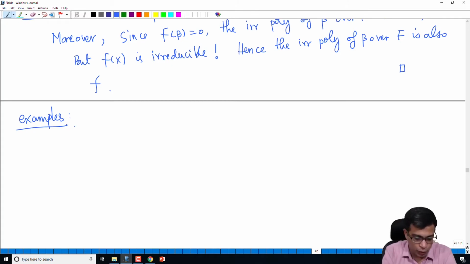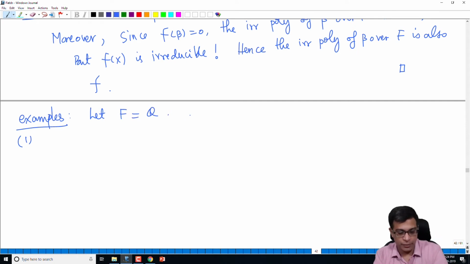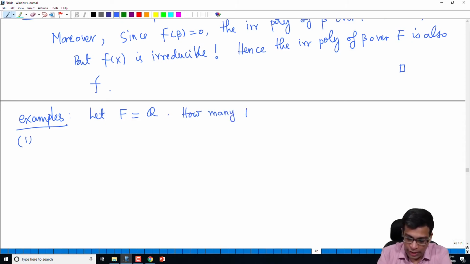So let me do a few examples. Every example here is for extensions of Q. In these examples, I want to determine how many F-homomorphisms there are.